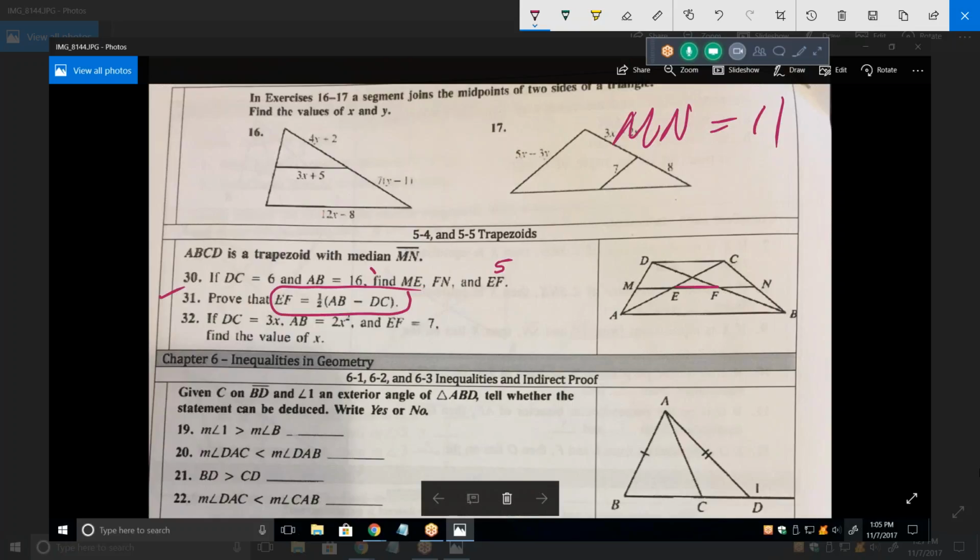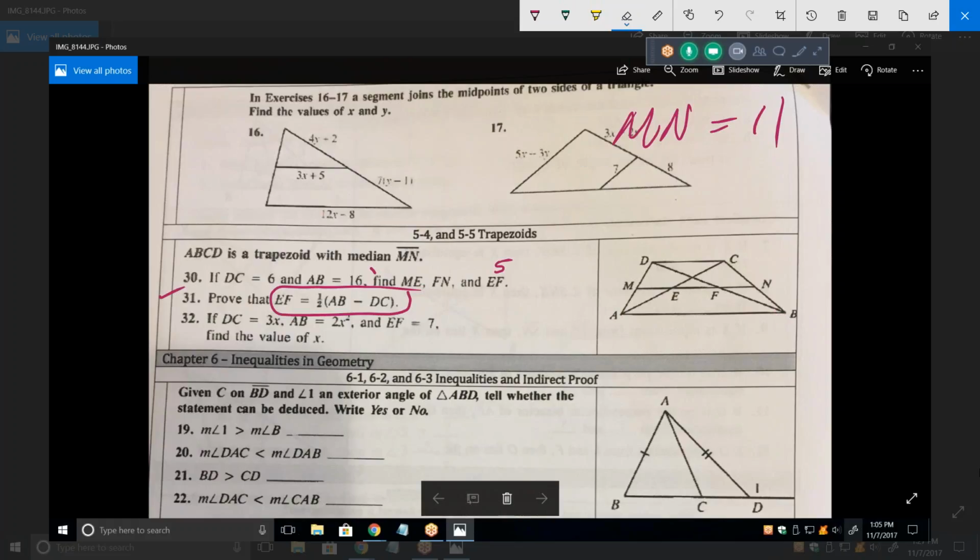Okay. If you look at that triangle, you know, that's not a mid-segment. In other words, if I were to draw this figure right here and try to figure EF based on that figure, can't get anywhere.